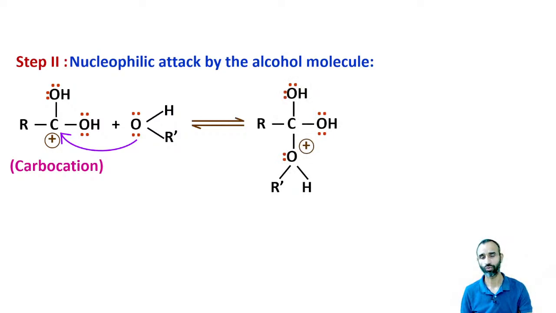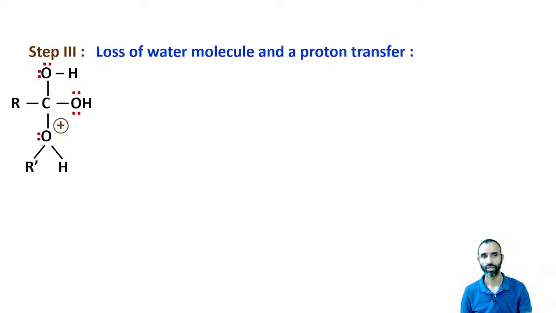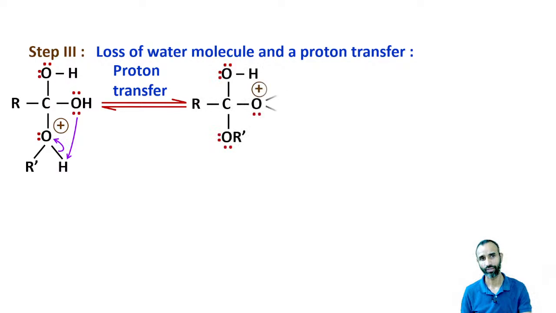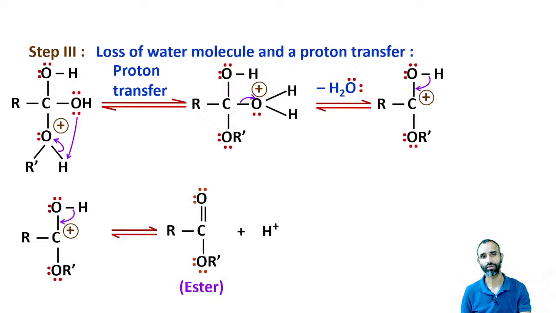This is protonated alcohol, and then there is a loss of a water molecule. Proton is transferred, and we get this carbocation, and ultimately ester formation takes place.